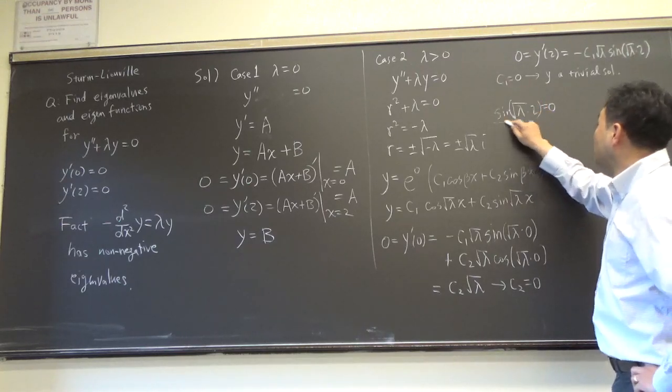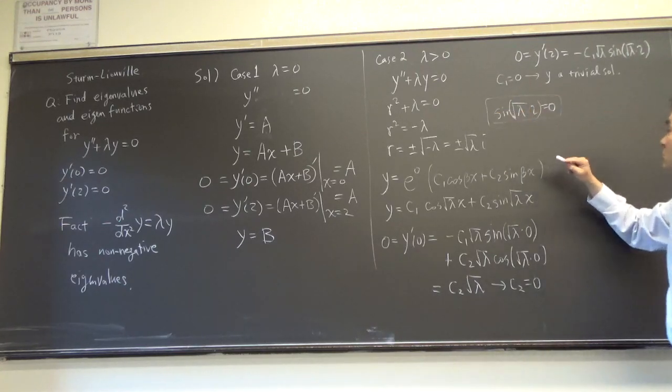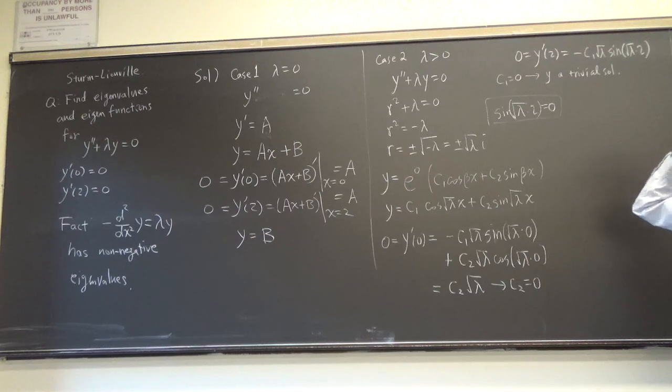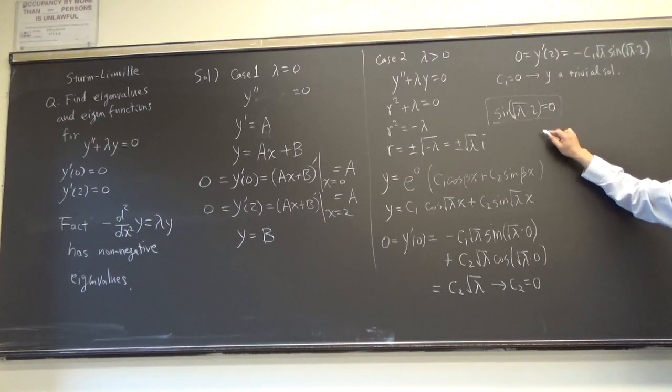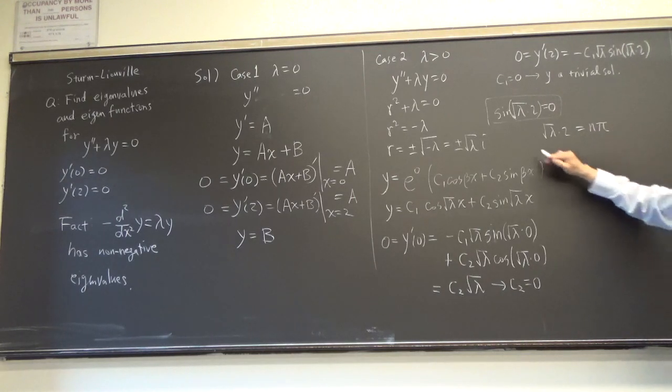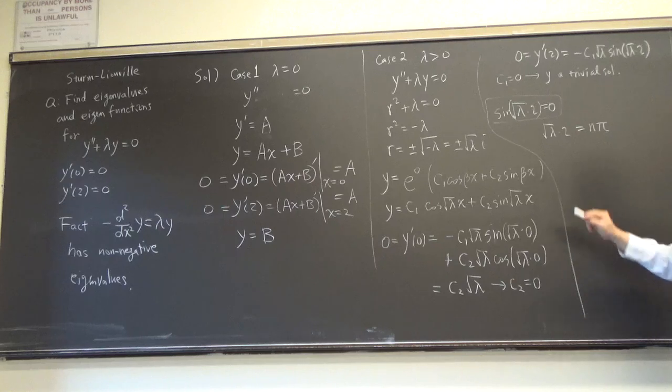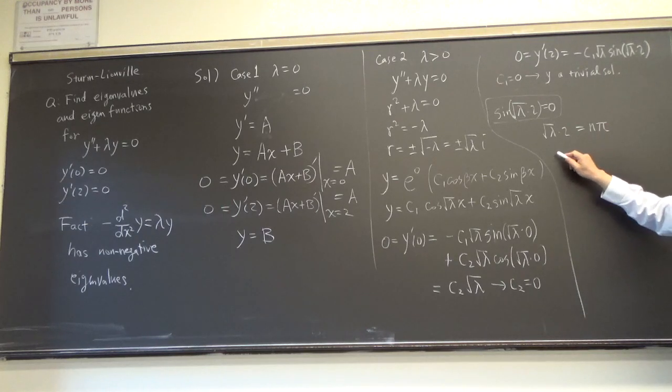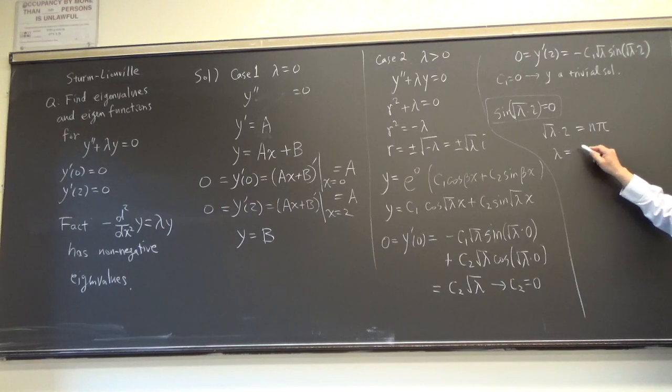Therefore, we must have this. And when is this true? Sine is 0 when the thing inside is n pi. So that means lambda would be n pi over 2 squared. Okay?